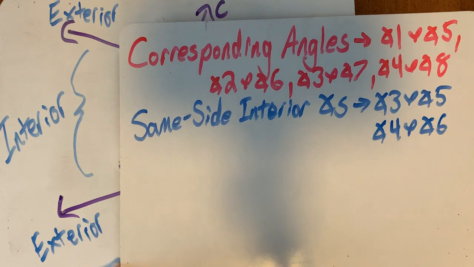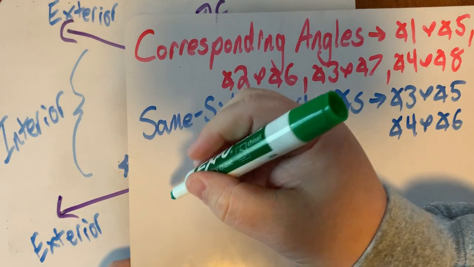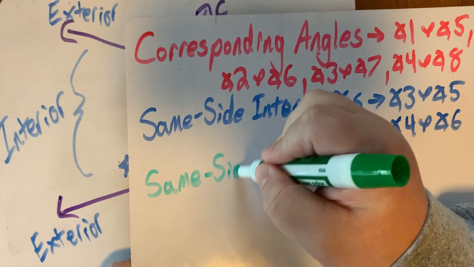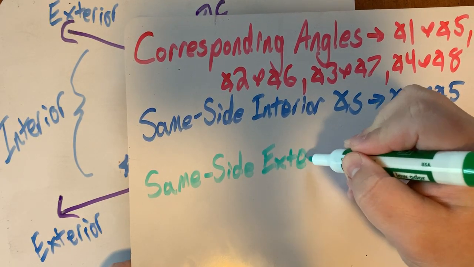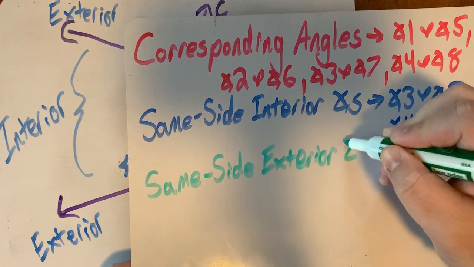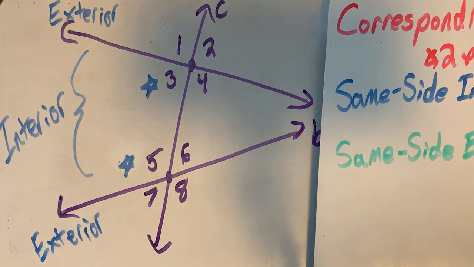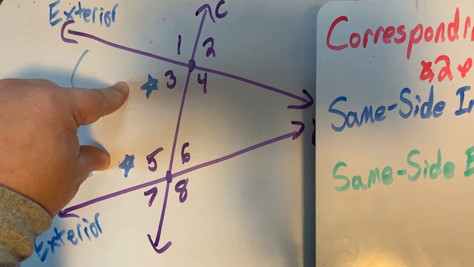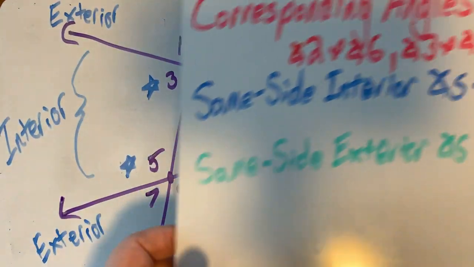So if we want to get really complicated here, maybe if instead of dealing with interior, we said same side exterior angles, it would just be like 3 and 5 where they're on the same side of the transversal, except they'd be exterior, so 1 and 7, or 2 and 8.